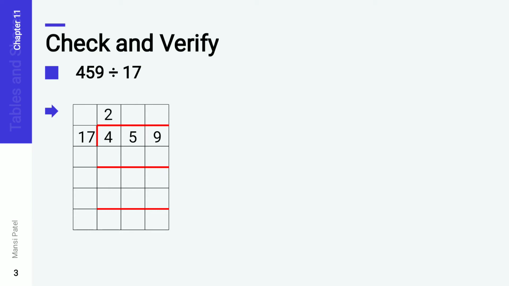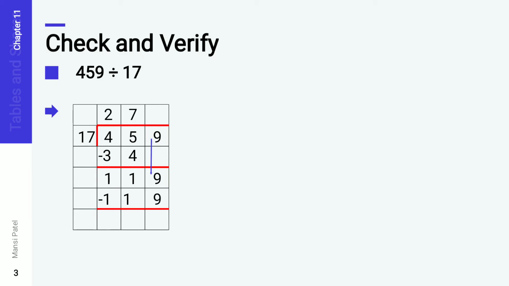Where is it? 17 twos are 34. Now 5 minus 4 is 1 and 4 minus 3 is 1. Now 9 comes down, so it becomes 119. Now in the table of 17, are you getting 119? Yes. 17 sevens are 119.